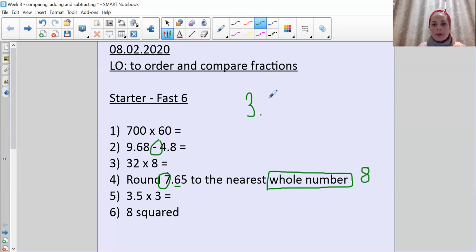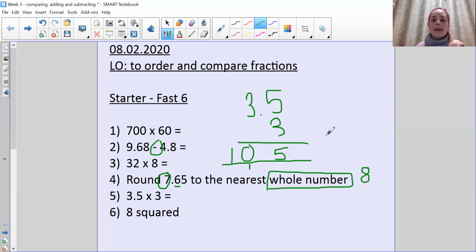Right, now I've got a decimal multiplied by a whole number. So I'm going to start. 3 times 5 is 15. Carry the 1. 3 times 3 is 9, and 9 plus 1 is 10. And now, what can you remember that I have not done that children often make? We've just done this in question 2. So what must I not forget to do?